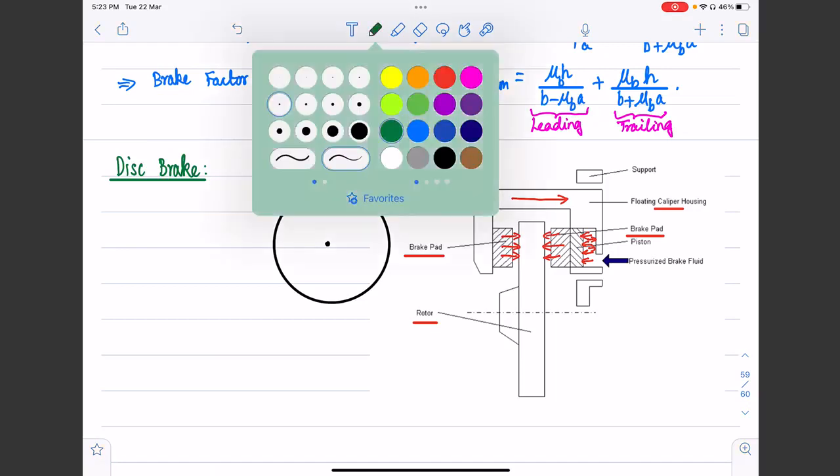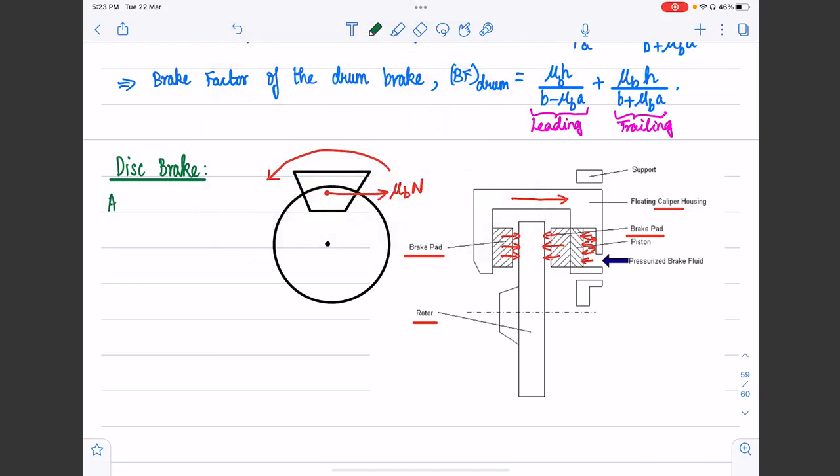Now, at steady state, what's going to happen? When the brake has been applied and the brake pad has gone and clasped the rotor, the normal force acting on the brake pad is going to be almost equal to the actuation force.